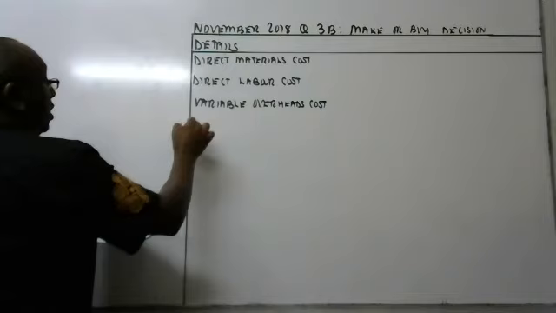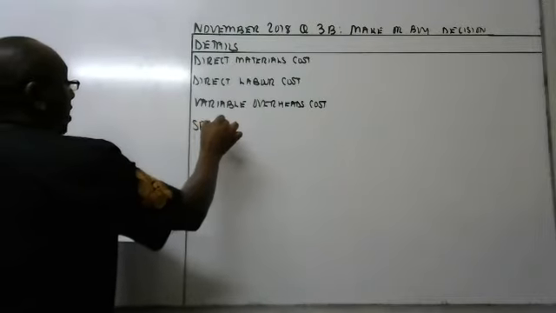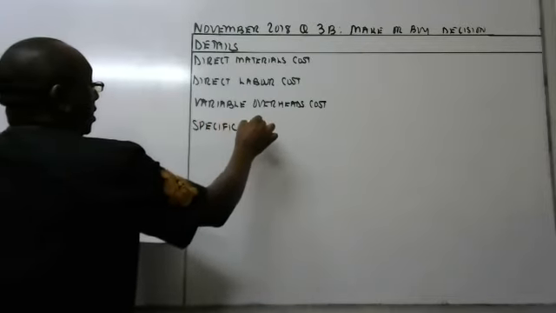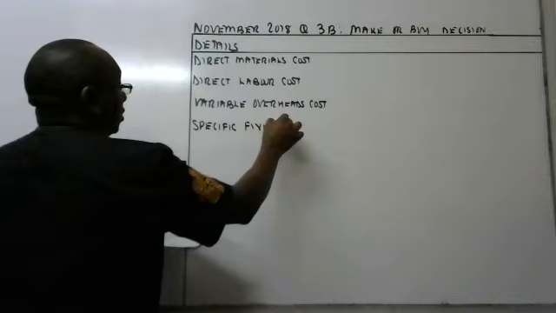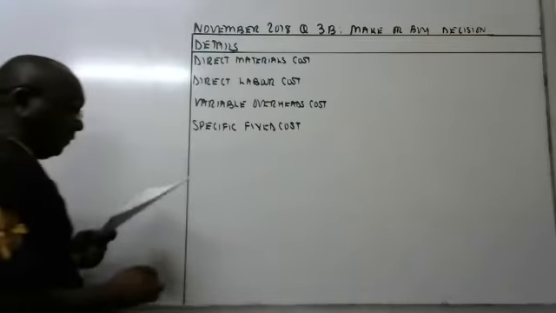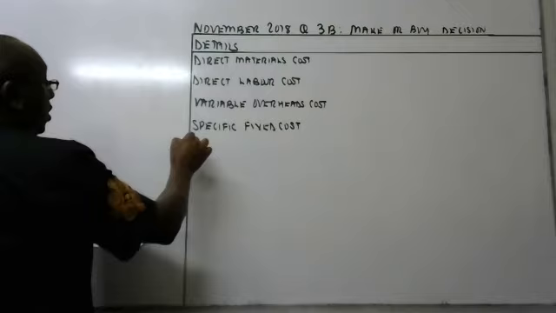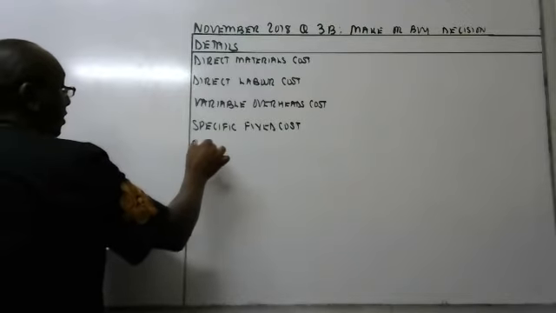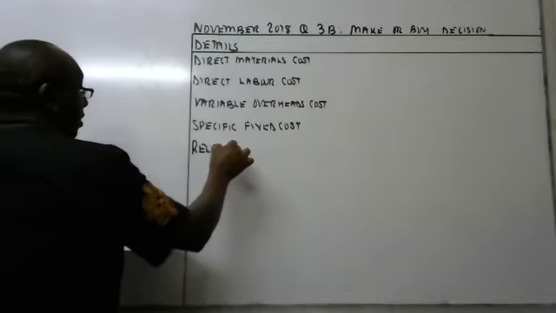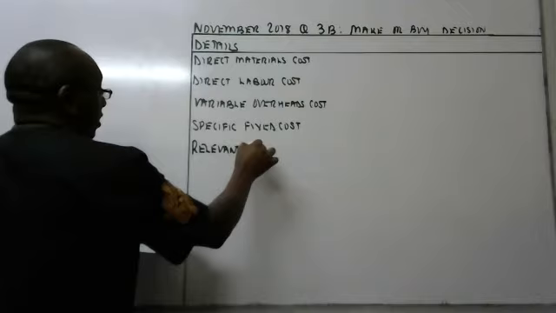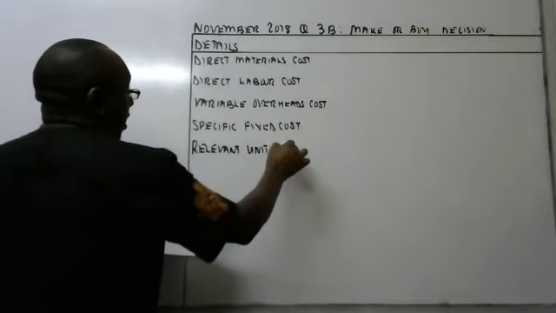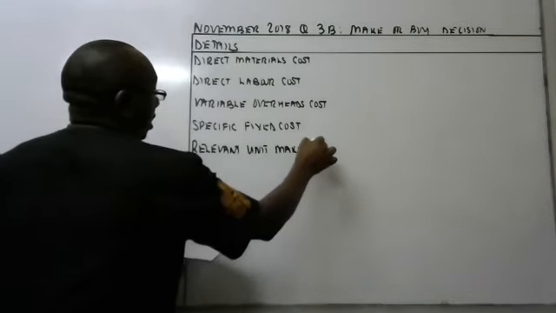We will also need to bring specific fixed costs. When we do that, we will get relevant unit making costs.